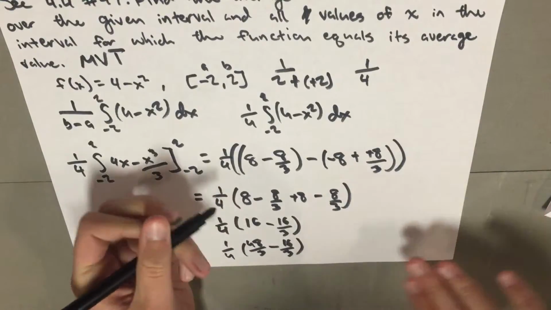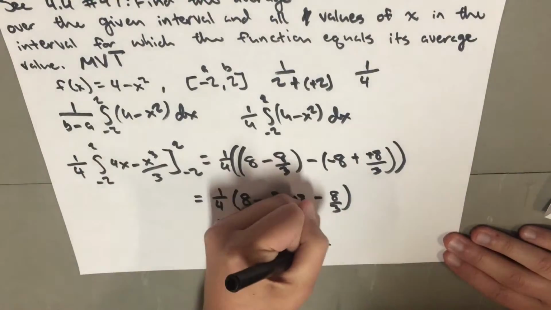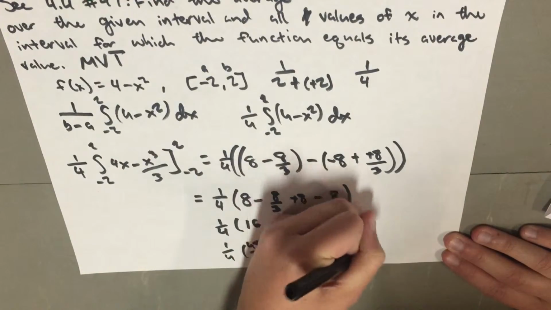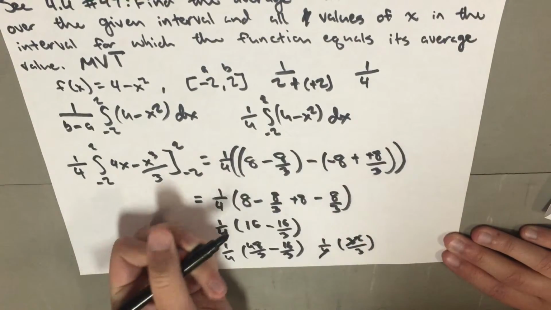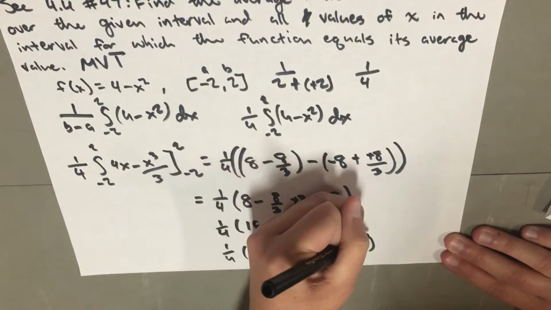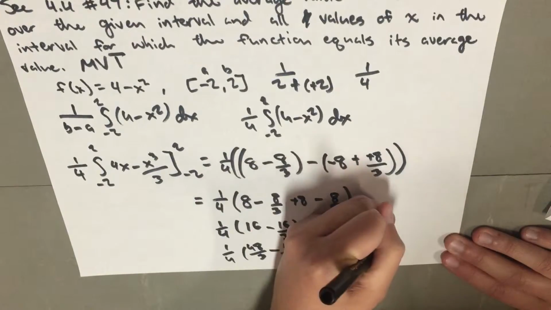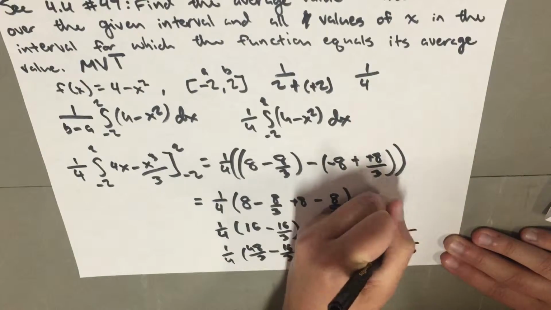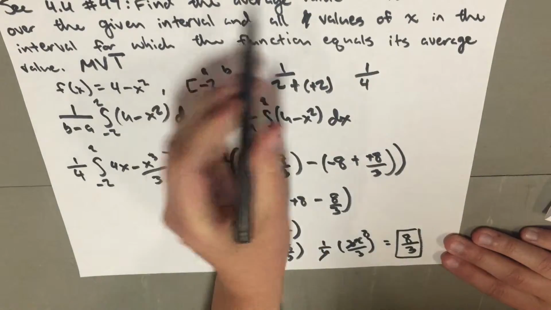The 48 minus 16 is 32. So 1/4 times 32/3. Our 4 can cancel out with the 32, and the 32 will be simplified down to 8. And our final answer is 8/3 for our average value.